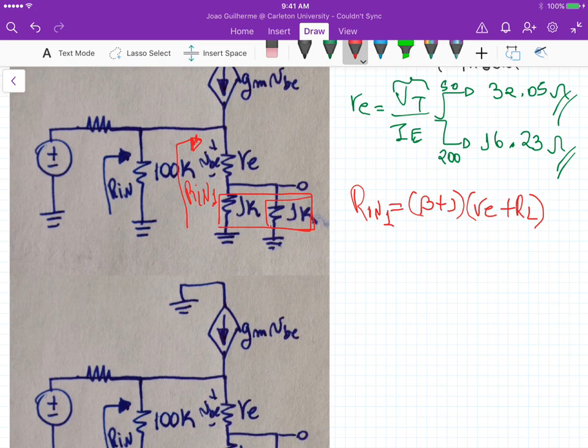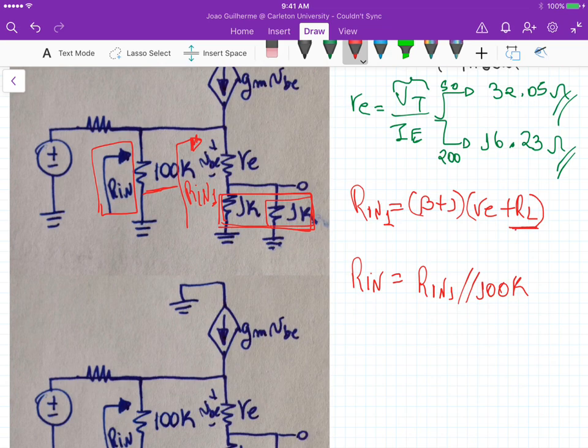And if you want to determine this R in here, which considers the base resistance, this R in is actually R in 1 in parallel with the 100K. Okay, does it make sense? We have those two here that makes our load for this equation.